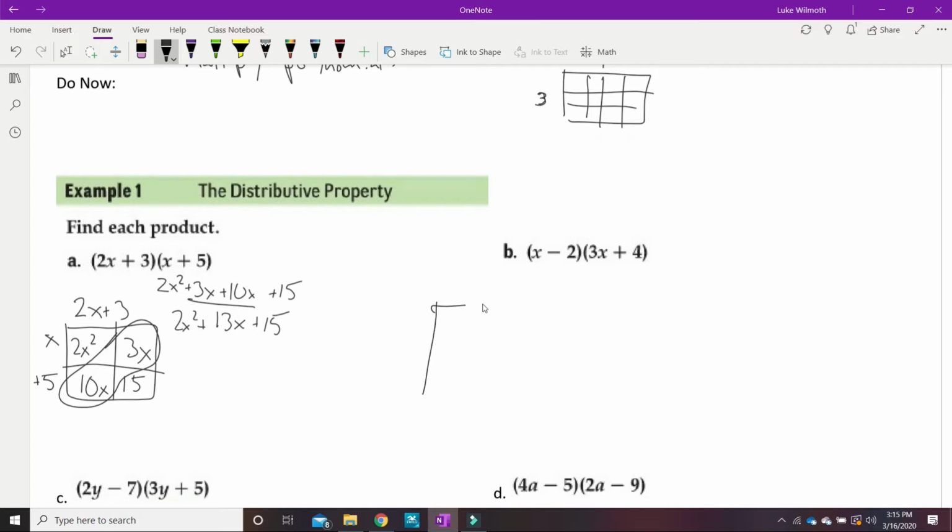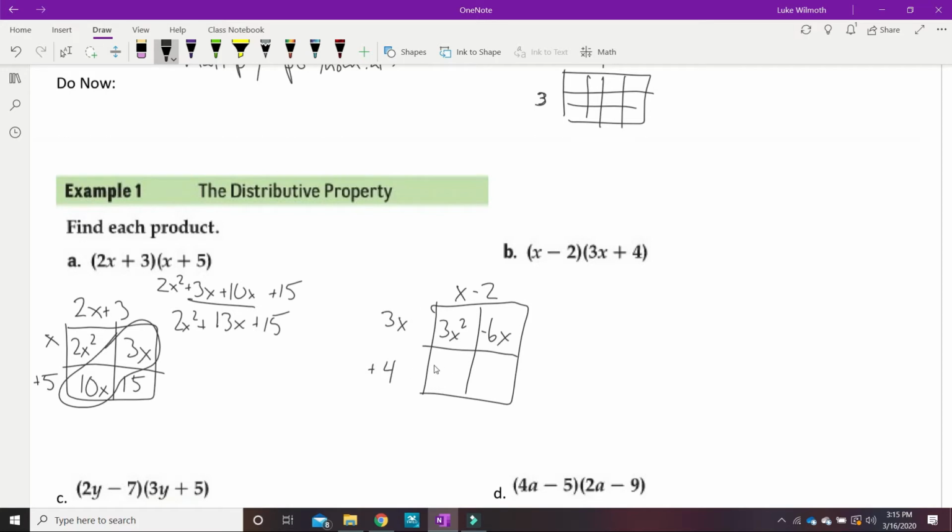I'm going to draw a box. I've got x minus 2 and 3x plus 4. X times 3x is 3x squared. 3x times negative 2 is negative 6x.